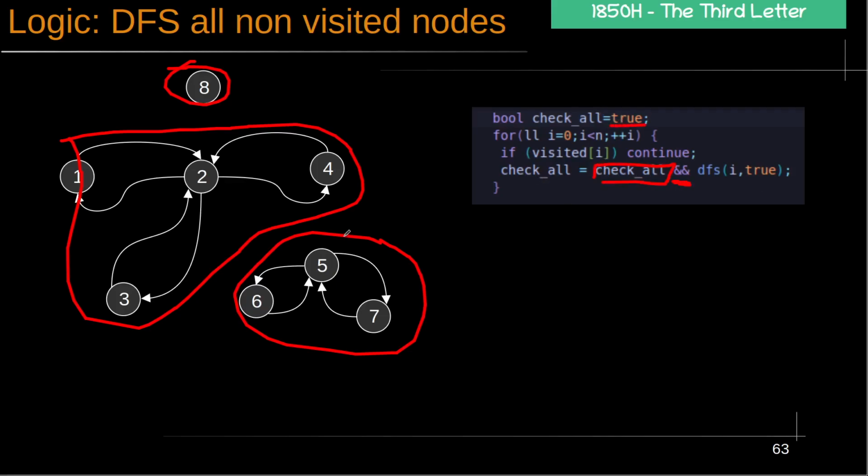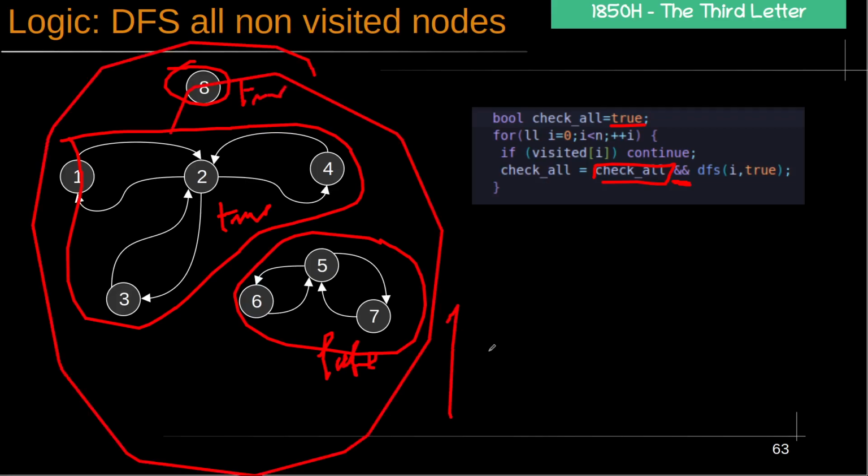We have true at the beginning because we know that true and false will give me false. So, for example, if this graph gives me true, and this one gives me false, and this one gives me true, the answer is false. True and false and true will be false. Okay.